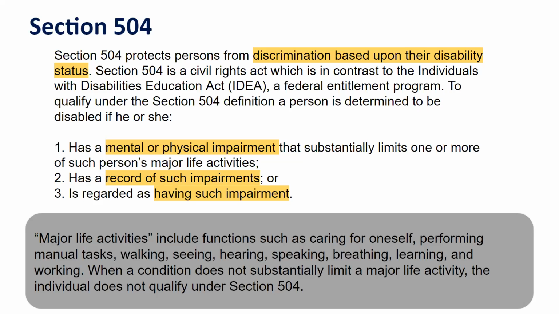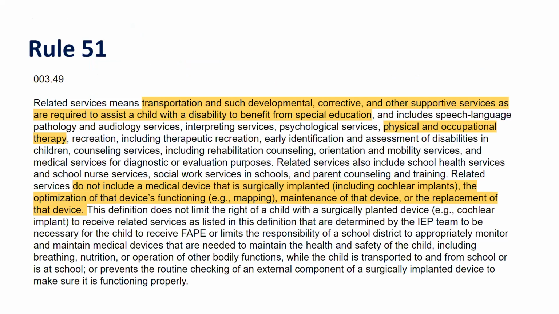We also note that if the student has a mental or physical impairment, that we should provide services to help support them. Then we also know that if they have a record of the impairment and physically have the impairment, that services affecting major life activities such as caring for oneself, performing regular daily tasks, walking, seeing, hearing, speaking, breathing, learning, and working, that they are covered and protected under Section 504.